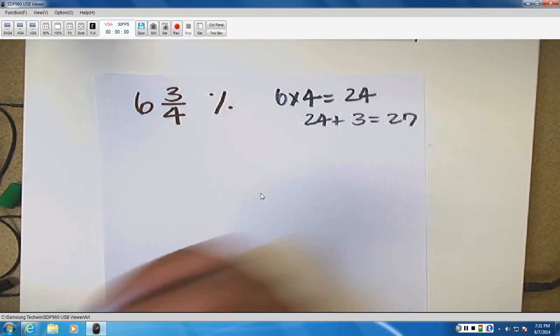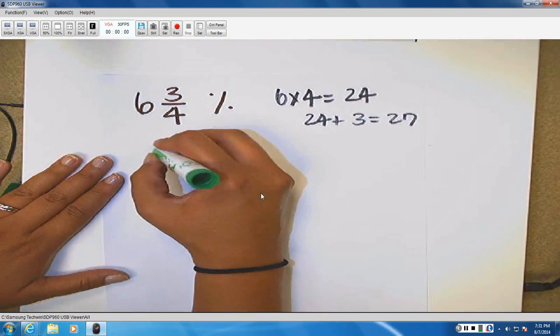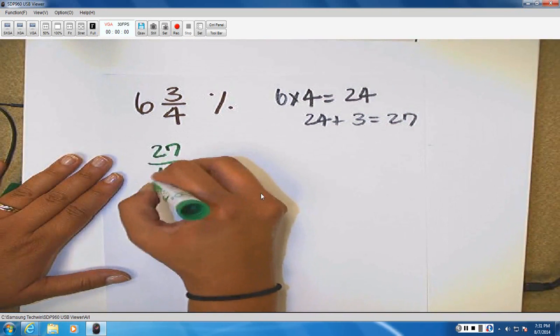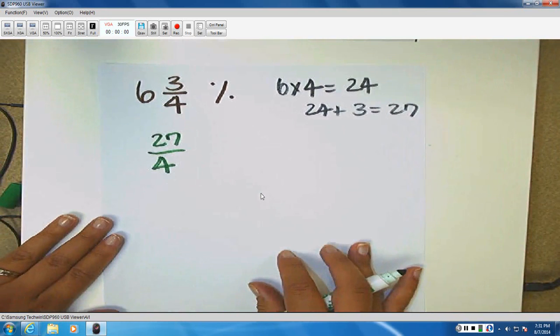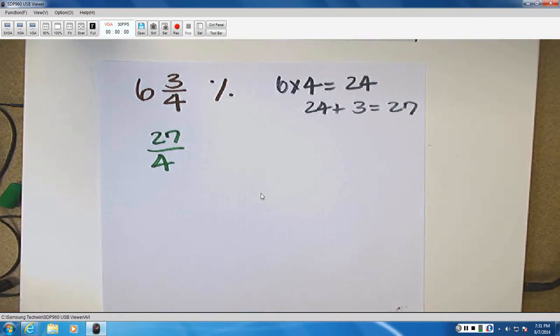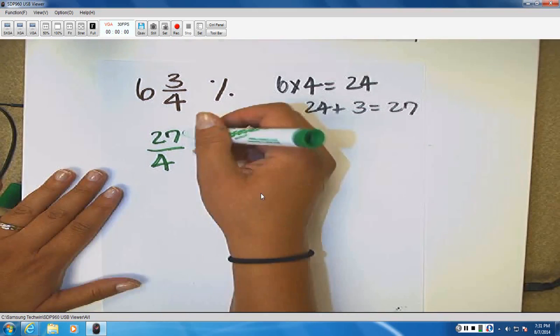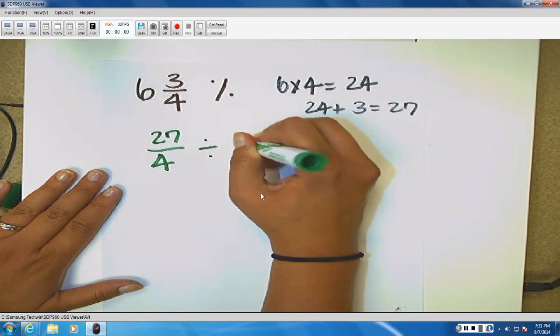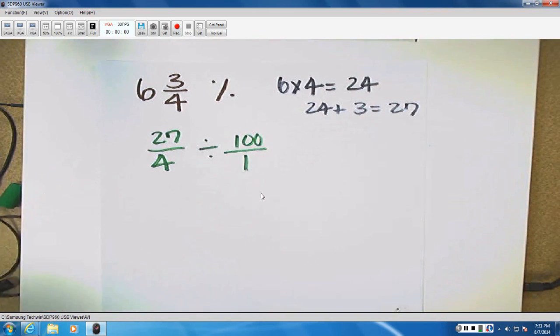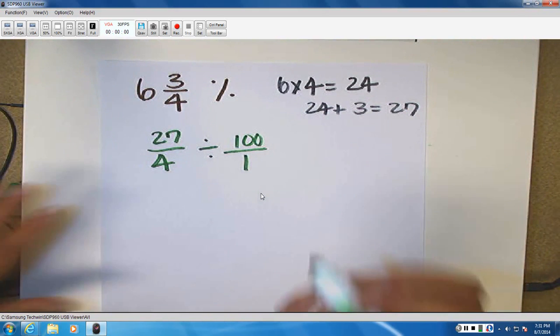Okay, so now I have my improper fraction of 27/4. And I'm going to take 27/4 now and turn it into a decimal. To set up my equation, I'm going to take 27/4 and divide it by 100. I know when I'm dividing by another fraction, I can take that second fraction, flip it upside down, and then multiply.